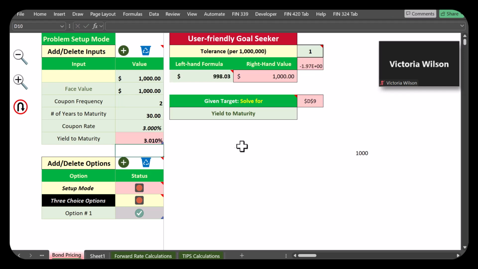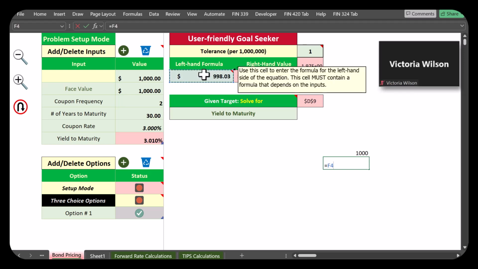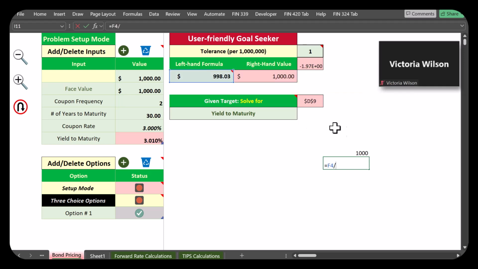And take the new value divided by the old value minus 1. And let's make that into a percentage.